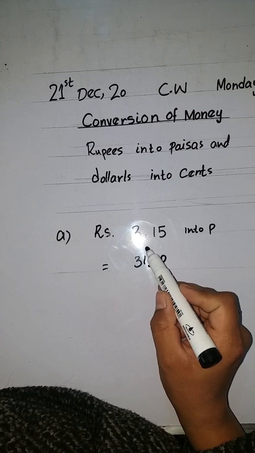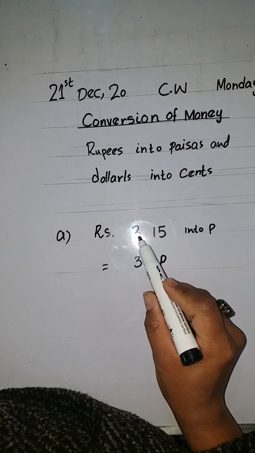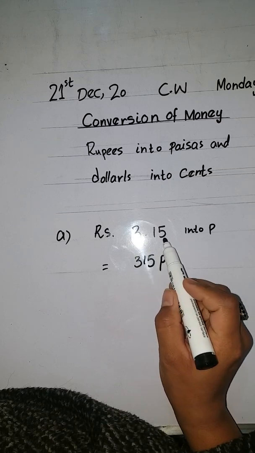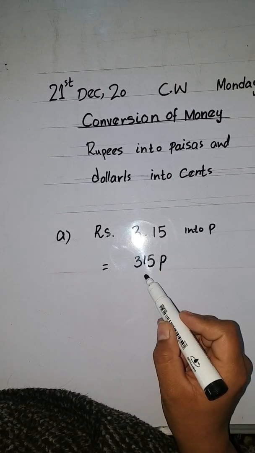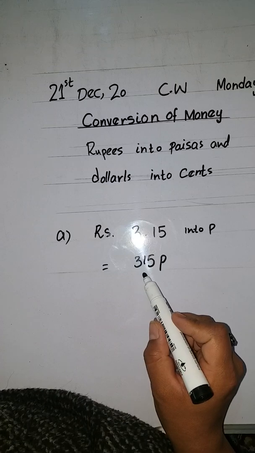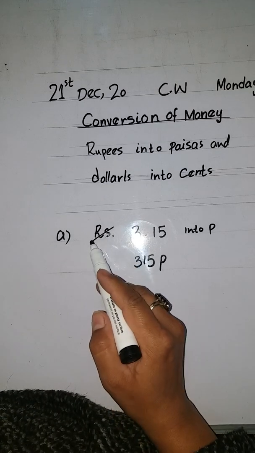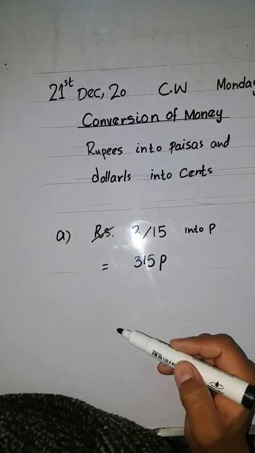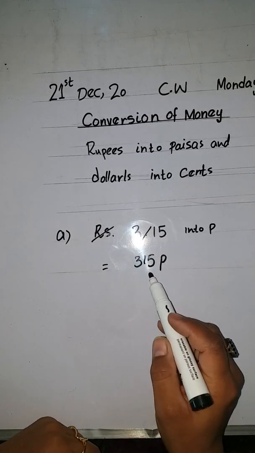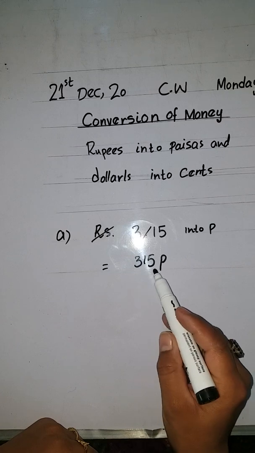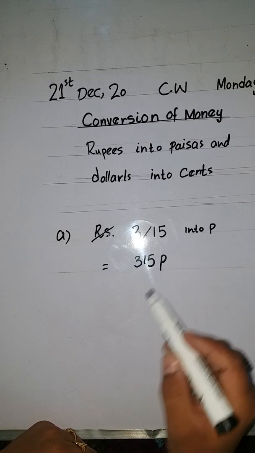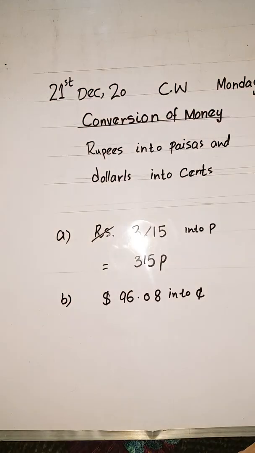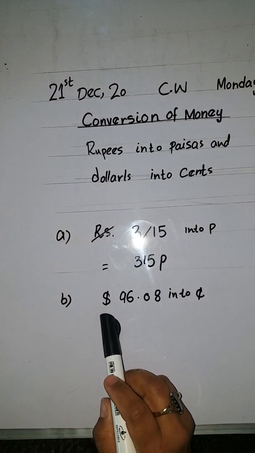When you are given the amount in rupees and paisas both, for example 3 rupees 15 paisas, the procedure is you will remove the RS and the point also, and we will simply write 315p.